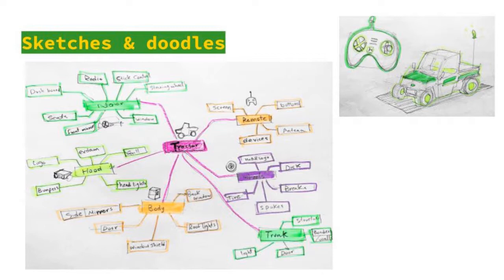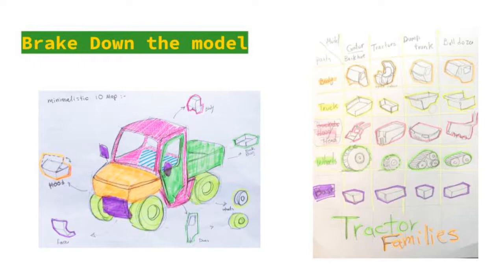And I also tried to break down the model. I broke it down into small parts, four or five main parts, which are body, trunk, the hood or the head, wheels, and the base. So this is the breakdown for the car.